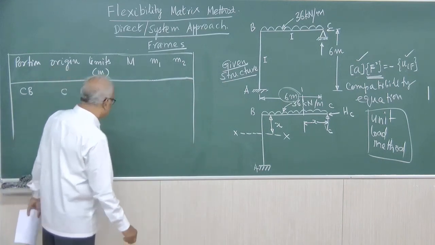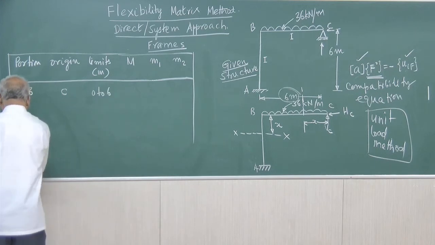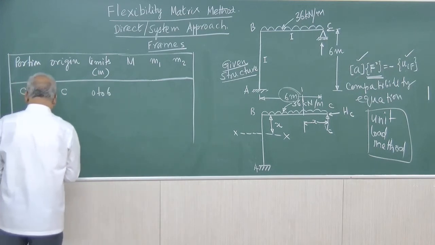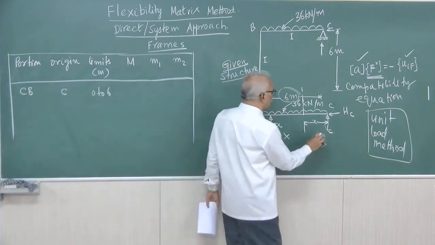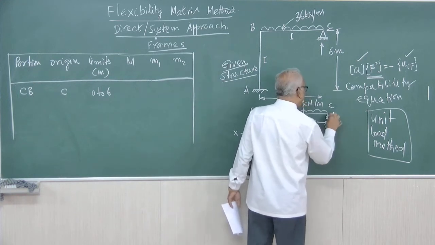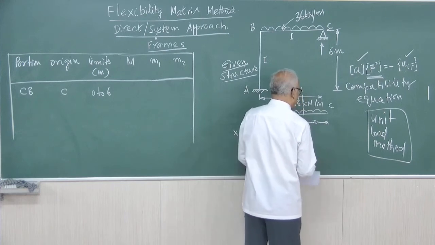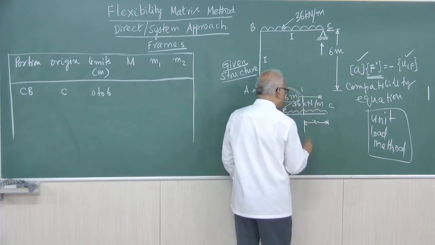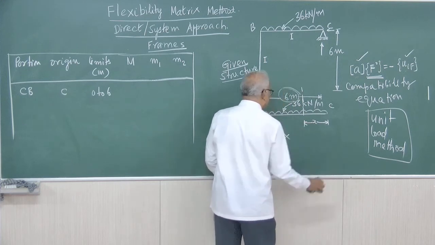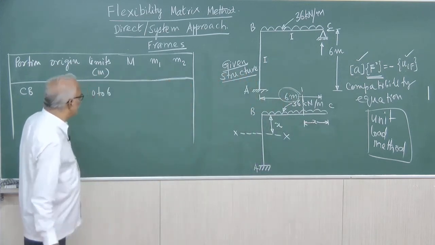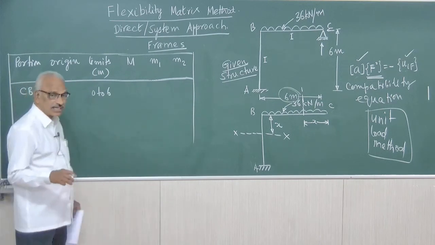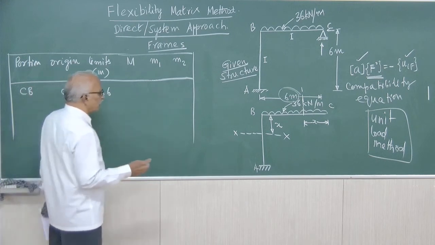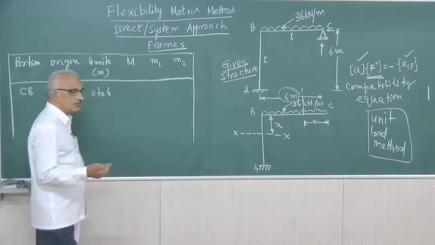Now M is the bending moment at any section due to the given external loading. So first let us forget about HC and VC. We will consider only the given external load and find out the bending moment at any section. Now when we consider the span CB, M due to the external load equals 36 into x by 2.